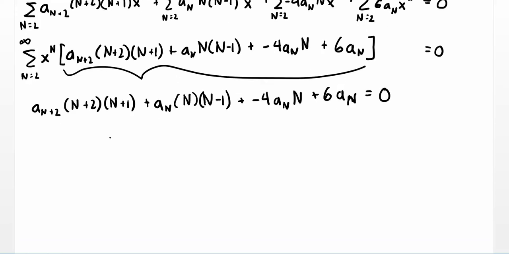Okay. Solving for the higher power index, we're going to move these three terms to the other side of the equation, and then divide by n plus 2 and n plus 1.